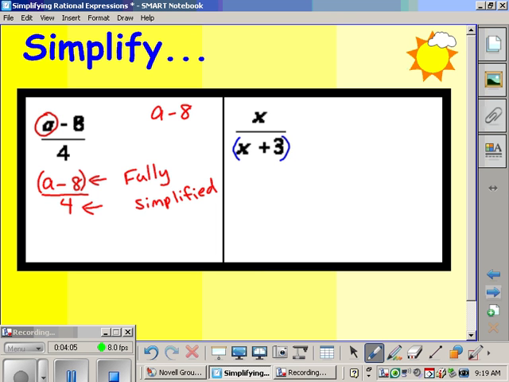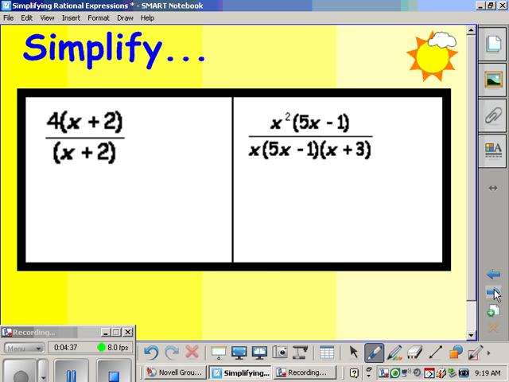So at this point, you can just simply recognize that you have a monomial in the numerator and a binomial in the denominator, and monomials and binomials cannot mix unless you can factor out a GCF, which you cannot in this problem. So again, this problem is also fully simplified. So I wanted you to see that first, before we move on to a problem that you can actually factor to simplify.